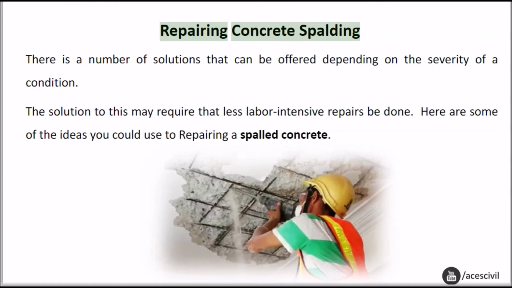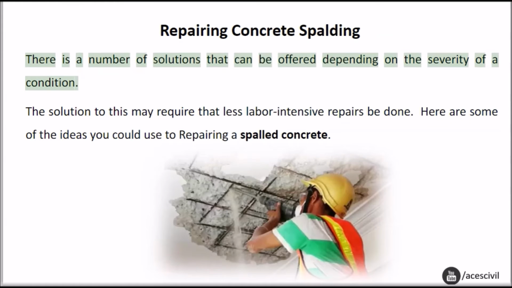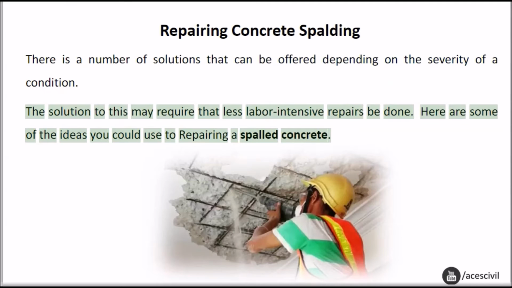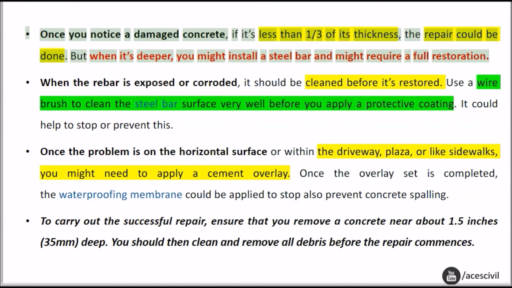Repairing concrete spalling. There are a number of solutions that can be offered depending on the severity of the condition. The solution to this may require that less labor-intensive repairs be done. Here are some ideas you could use for repairing spalled concrete. Once you notice damaged concrete, if it's less than 1/3 of its thickness, the repair could be done.